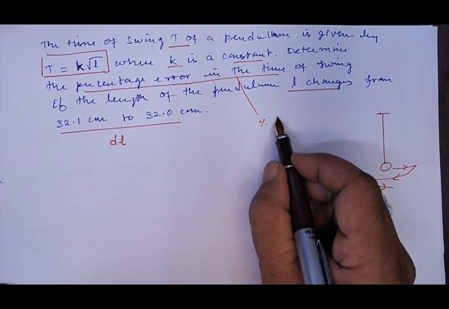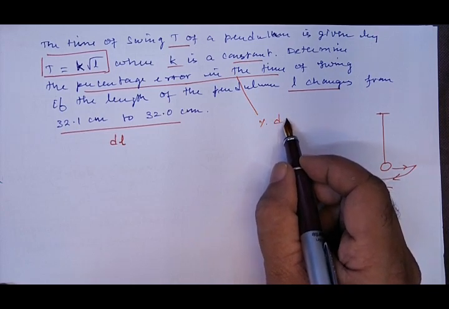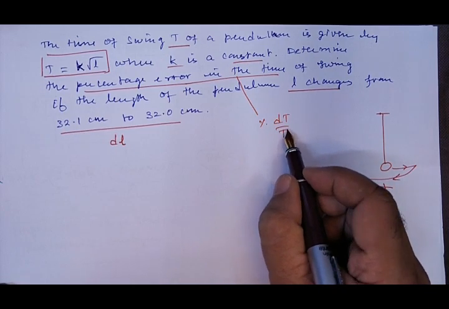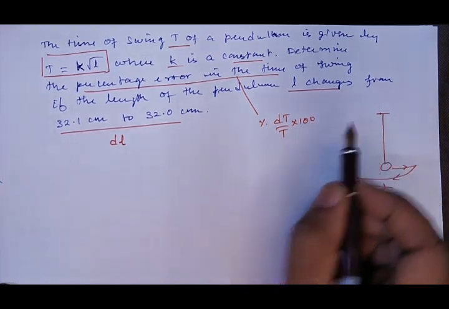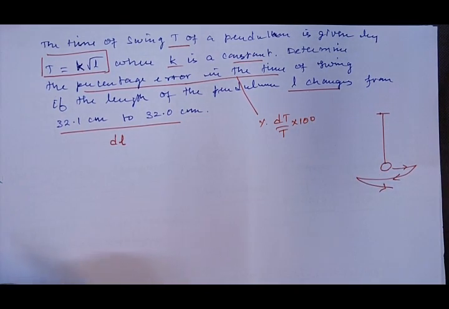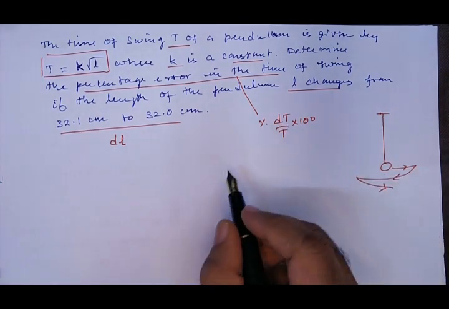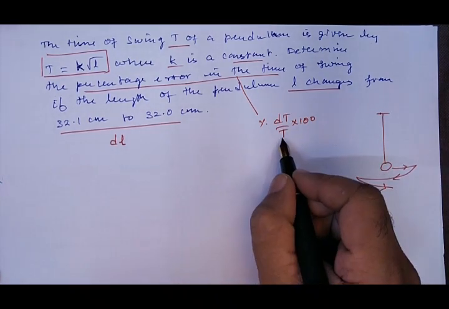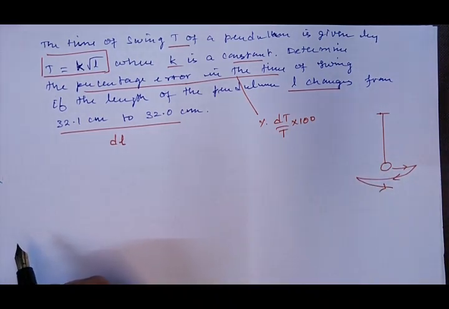So it means this is nothing but dt by t into 100%. So we need to calculate the percentage error in the time. So the change of time is dt, t is the original time.